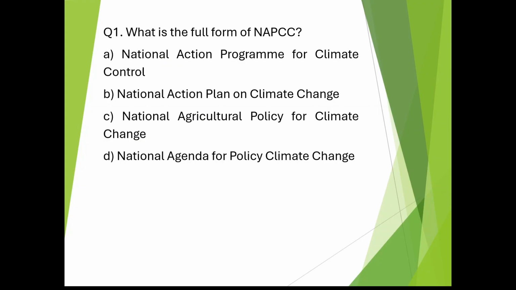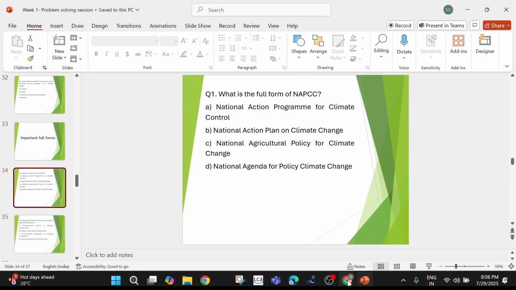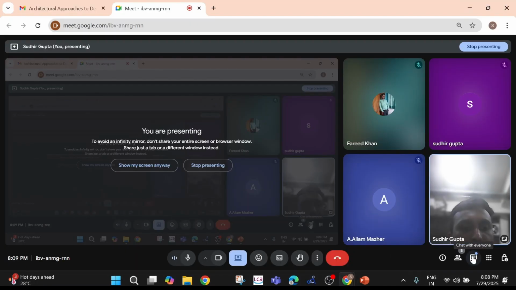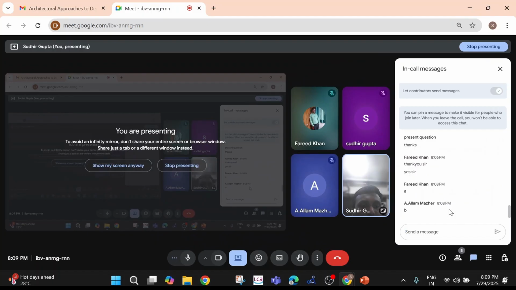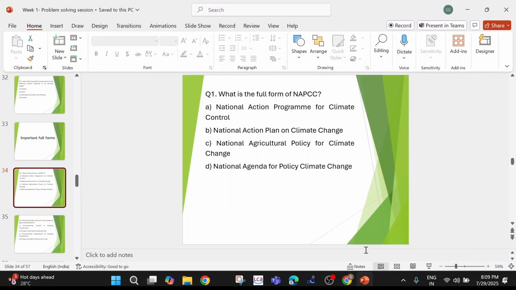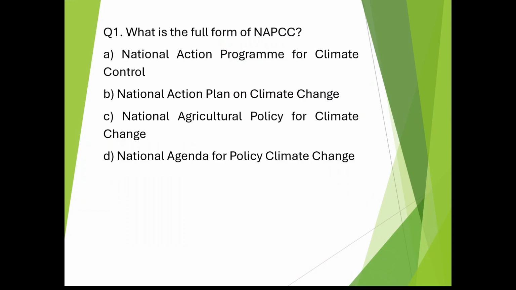Let me clear. Yeah. So Alam has answered correctly. It is option B. There are just minor changes in options A and B, and you should be clear that it is National Action Plan on Climate Change.